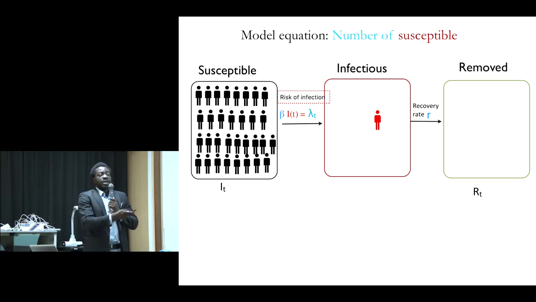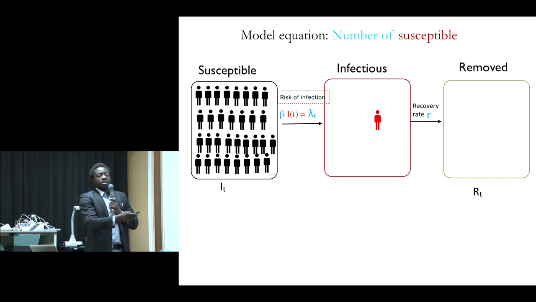When we want to predict how the number of susceptible changes, we just want to know how many people get out of this box every day, at time plus 1, time plus 2, how many people go outside and how many remain here. In that way we can predict. The risk of infection, the risk of someone here becoming infectious, is generally noted lambda t.